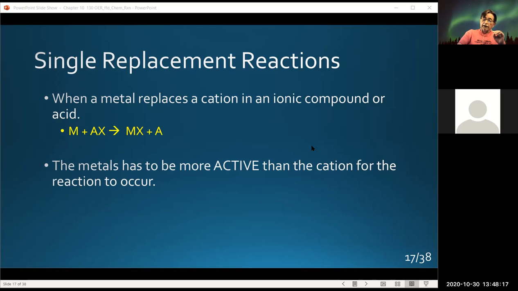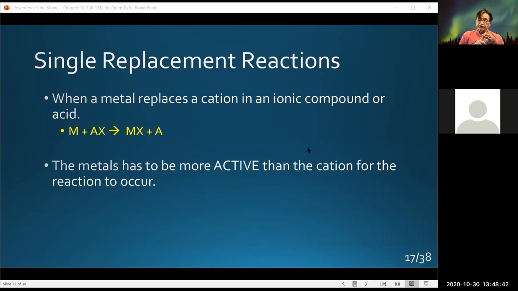It's pretty straightforward as far as asking yourself a couple of questions. First question to ask yourself: of the metals, regardless of their elemental form or ionic form, which one is the most reactive metal? So you identify the most reactive metal first.